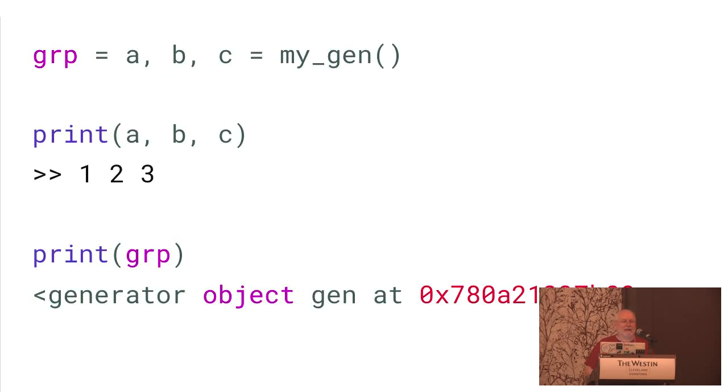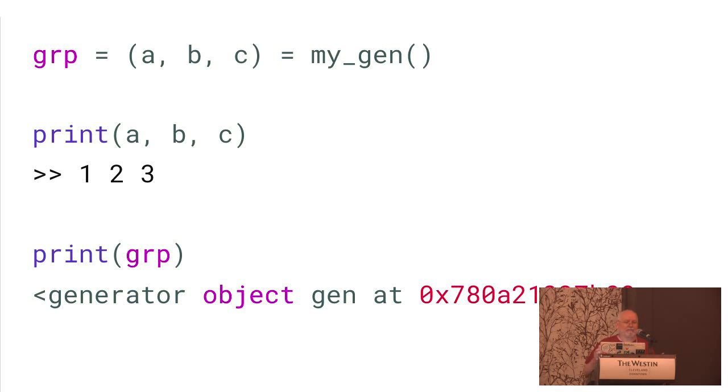So we take our group and our individual variables, and assign the generator, which yields 3 values out to ABC, and then that to the group. And we print ABC, and we got our numbers out, and we print group, and we don't have a tuple of our numbers, we have the generator object.